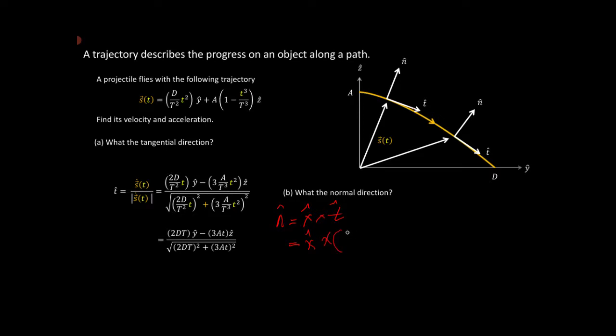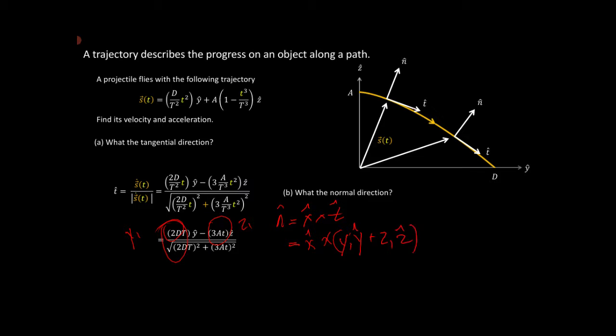So I'm just going to call this over this y1 and this one z1 or something like that. y1 y hat plus z1 z hat.